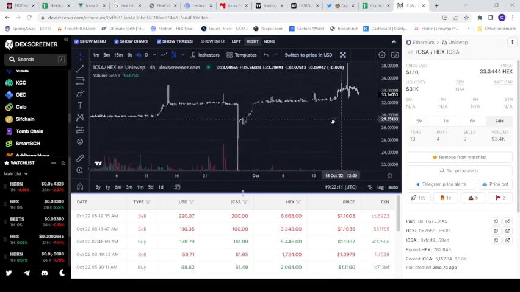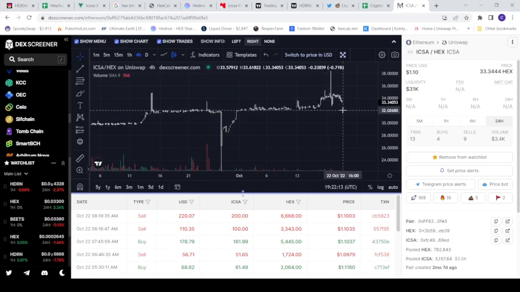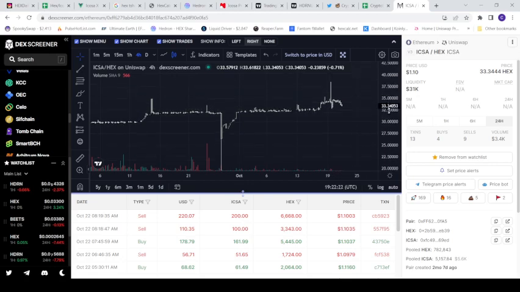Basically, if you were going to LP for those ratios, you would probably put your lower band at like 30, 32-ish, and then your upper band would be about 42. So now you'd be collecting fees in that trading range.